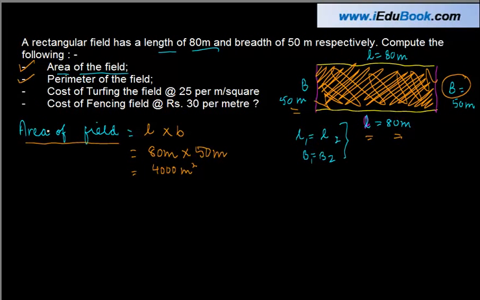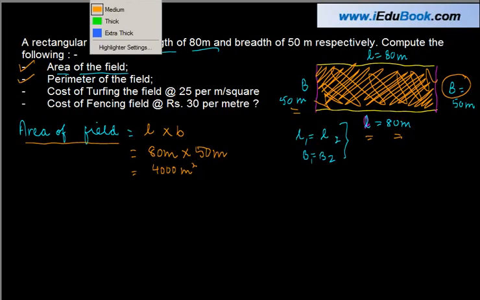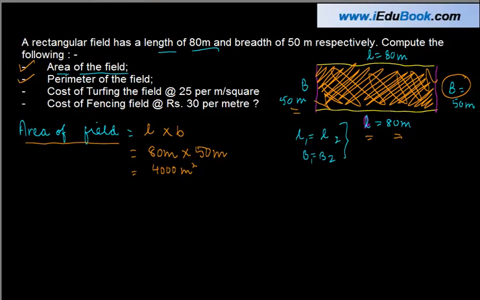Second part says perimeter of the field. Let's first understand what is the meaning of perimeter. Perimeter basically refers to this outer portion, right? So basically what it means is the sum total of all these four lengths.